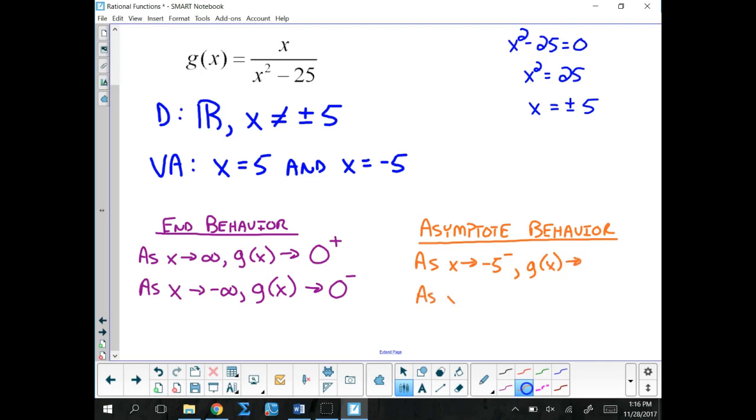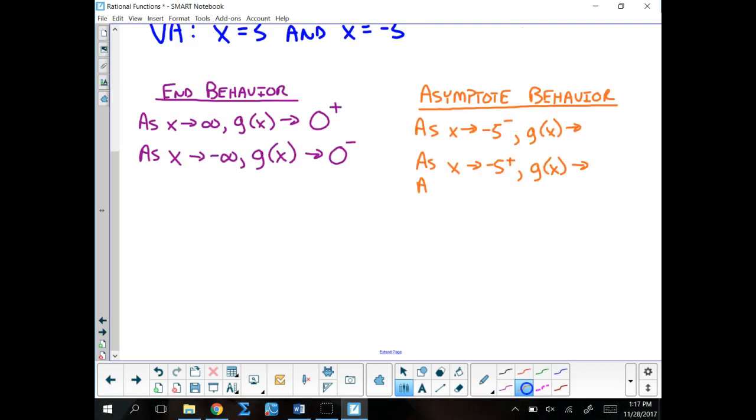As x approaches negative 5 from the right, what does g of x do? As x approaches 5 from the left, what does g of x do? And as x approaches 5 from the right, what does g of x do?